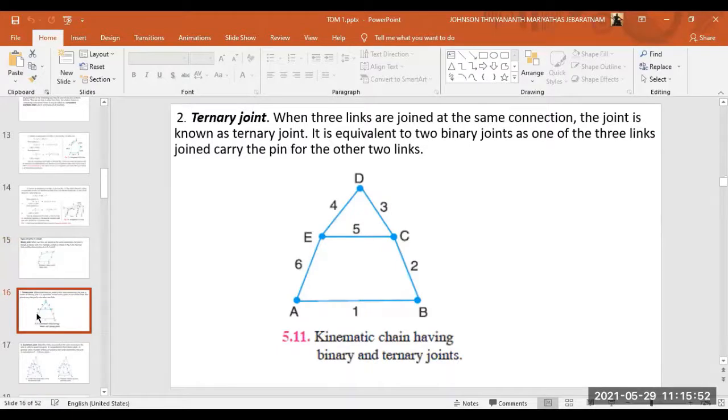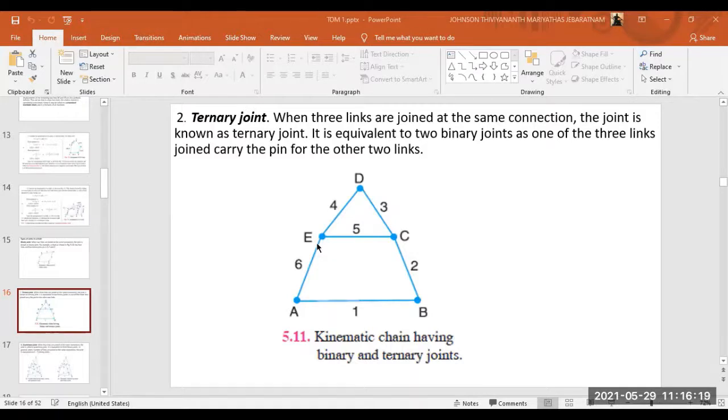Then we have the ternary joint. How to identify it? When three links are joined at the same connection, the joint is known as a ternary joint. So if three members are connected, then that is known as a ternary joint.